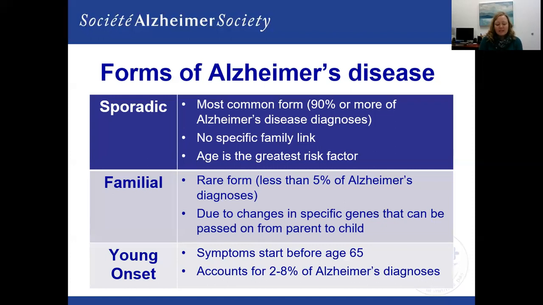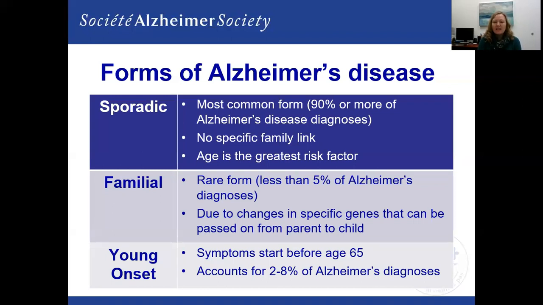Familial Alzheimer's disease is the second form of Alzheimer's disease, and it accounts for less than 5% of all cases. Families with this rare form of Alzheimer's disease have strong family histories where many family members have been affected over generations. Familial Alzheimer's disease is due to changes in specific genes that can be passed on from parent to child.